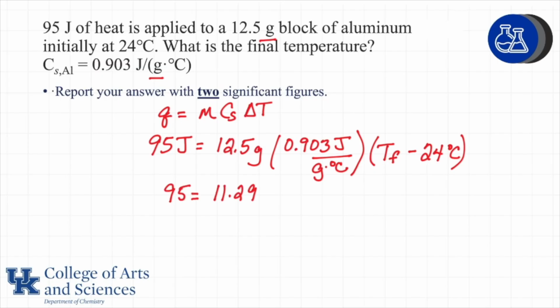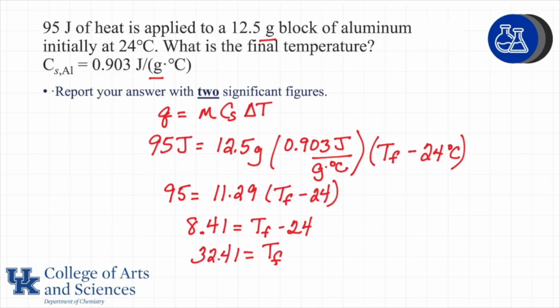I'm going to multiply 12.5 times 0.903 and get 11.29. I'm going to divide both sides by 11.29 and get 8.41 equals TF minus 24. I add 24 to both sides and get 32.41, and then I round that to two significant figures. TF equals 32 degrees Celsius.